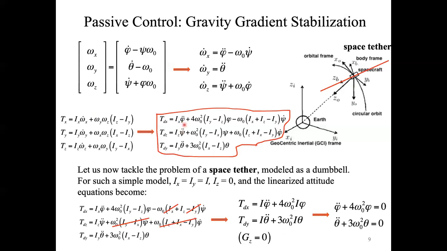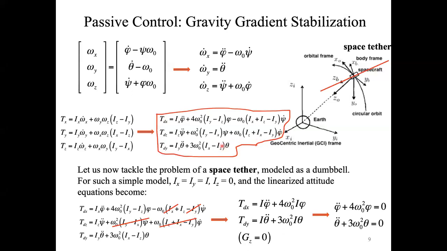There are terms that depend on phi and psi in both equations. In the first equation you have terms related to psi dot, the angular velocity in the yaw direction. In the second equation, you have phi dot, the angular variation in the roll direction.